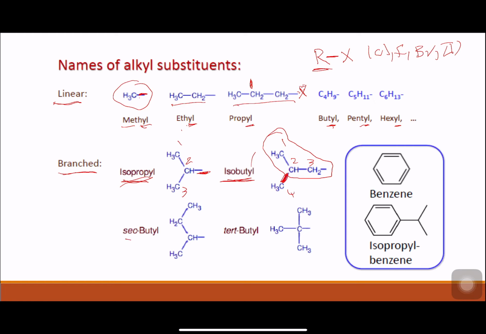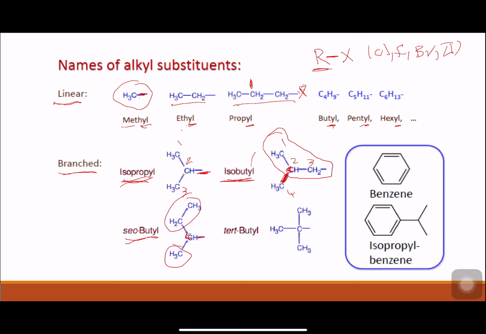We also have what's called secondary butyl. What is the difference between secondary butyl and isobutyl? In isobutyl, at carbon number 2, you find two methyl groups. In the secondary butyl, the carbon attached has one ethyl and one methyl.